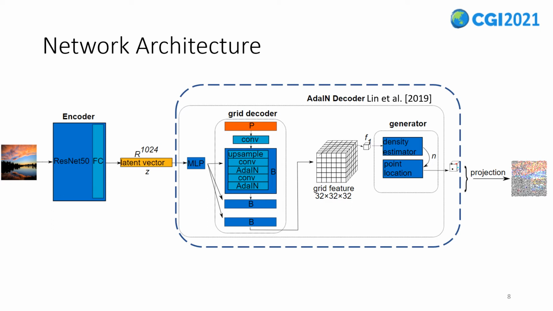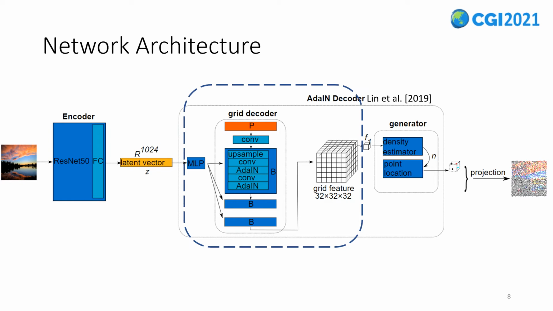The decoder consists of two components, a grid decoder and a generator. The grid decoder decodes the input latent vector to another latent vector represented as a grid. We can simply consider that the grid divides the output space into cells, and each cell is a latent vector containing the information of points in it.